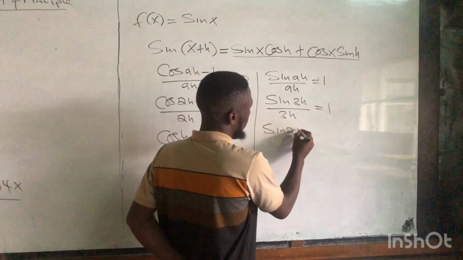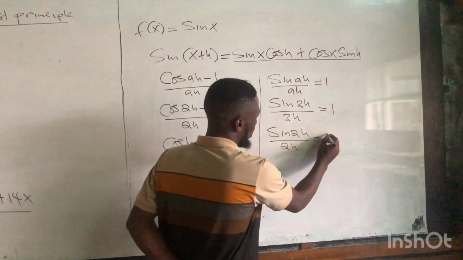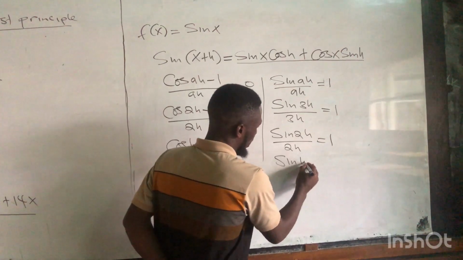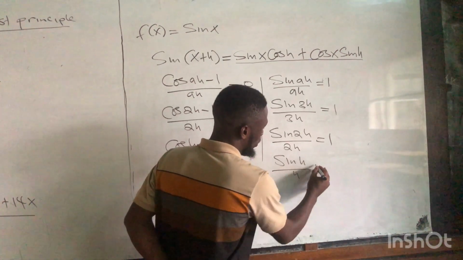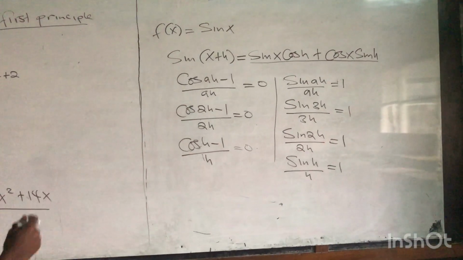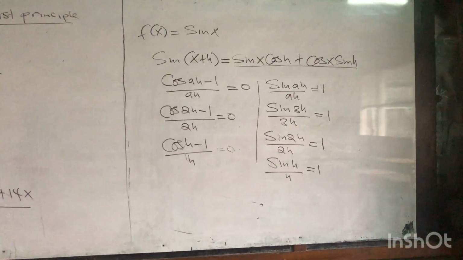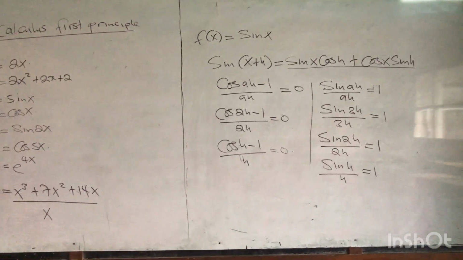Sine 2h over 2h will give you 1. Sine h over h will give you 1. They go on and on. So we need to understand these things before we solve such questions.